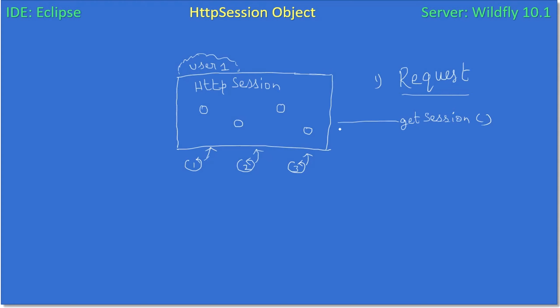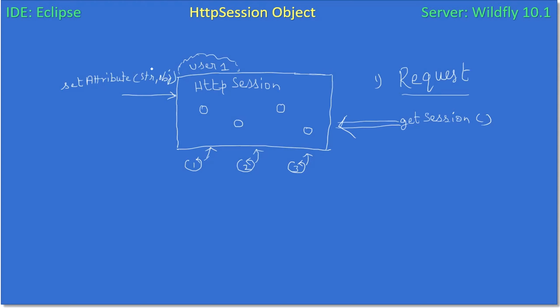The getSession will give you the HTTP session. Then, in the HTTP session, in order to store an object, you can use setAttribute, just like we do in the servlet context.